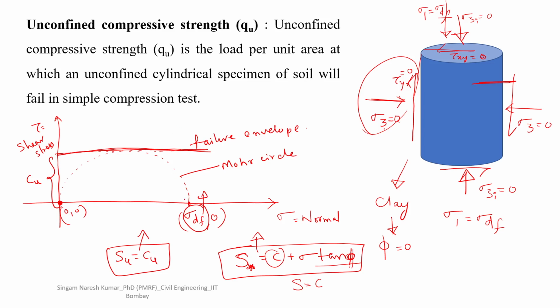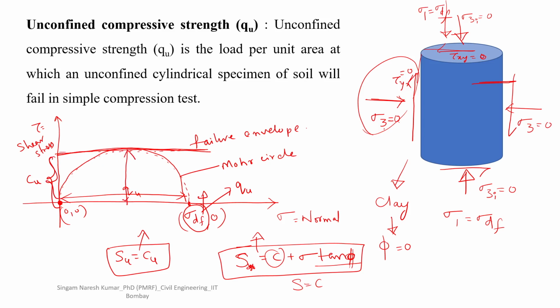Now if sigma df equal to QU, then what is CU? How can we calculate? Let's just see. If this diameter is QU, then this is equal to what? Radius, right?